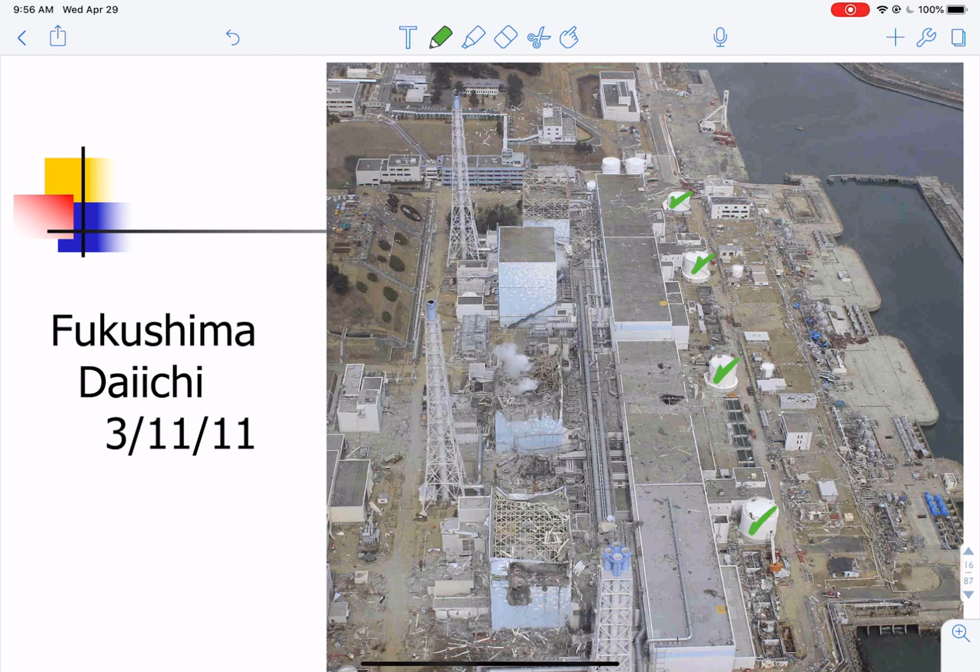But the main point we should make is that, at least in the United States, the number of people killed from the commercial generation of electrical energy from nuclear power, as far as I know, I think is still zero. Whether there have been any mining accidents in getting the uranium or anything else, I don't know. But it's by far and away the safest source of electrical energy that we have.